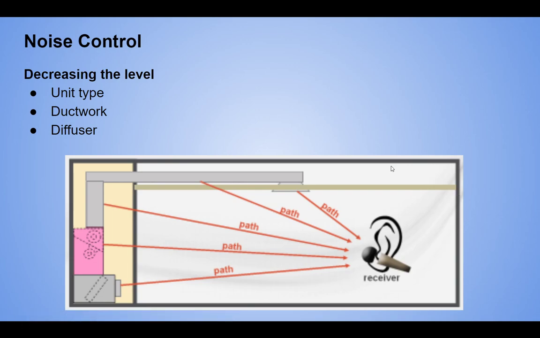This is why when I participate in crits and reviews with you guys, I really like to see the section, because when I'm looking at the section, I'm looking at the volume of the space. And from that volume, from the previous lecture, I can get an idea of the reverberation.